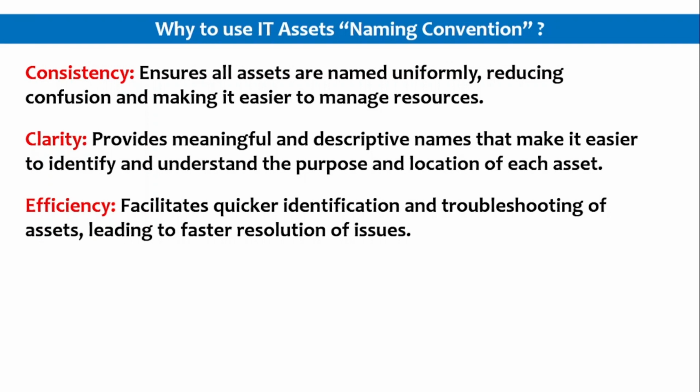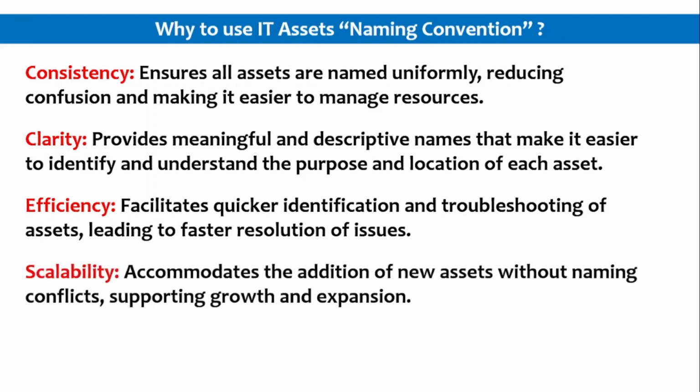It facilitates quicker identification and troubleshooting of assets, leading to faster resolution of issues. Scalability accommodates the addition of new assets without naming conflicts, supporting growth and expansion. This is one of the advantages of using a proper naming convention.